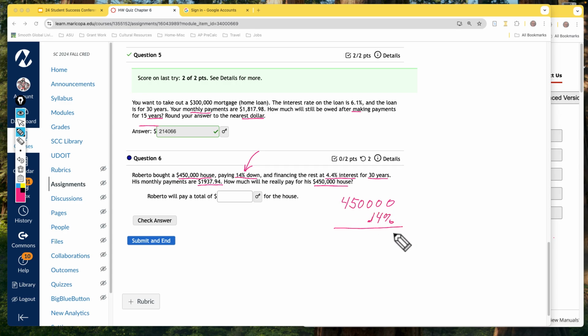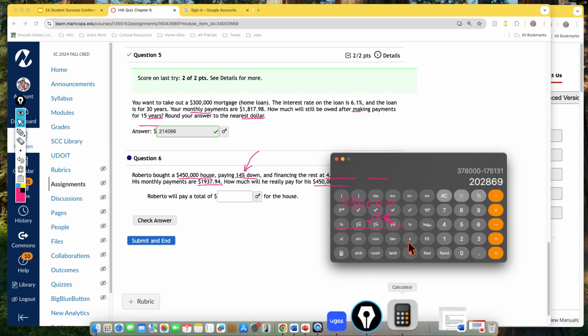So 450 times 0.14. Well, actually, if I do 0.14, I don't need the percentage. And again, I don't do that with the TVM calculator. I just do it with a regular calculator.